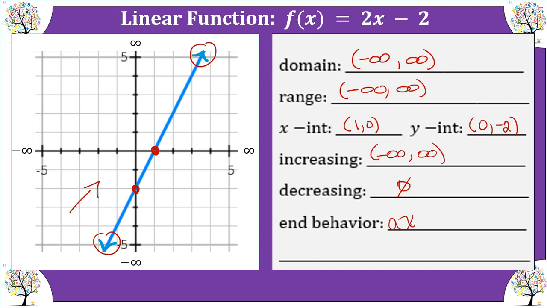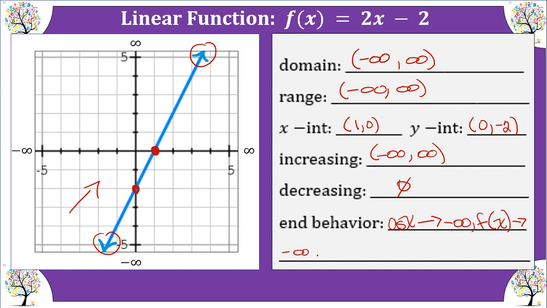So as x approaches negative infinity, that's just saying as we go left on the graph, as our x values decrease, what happens to the output? That's the end of the graph. As we go left on the graph, or as x decreases, the output values, f of x, also decrease in this case. It's going toward negative infinity.